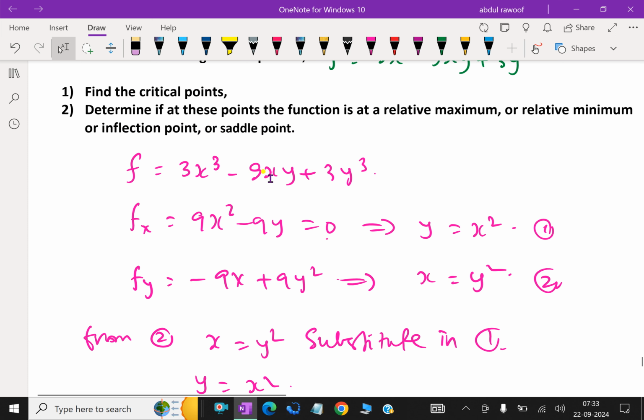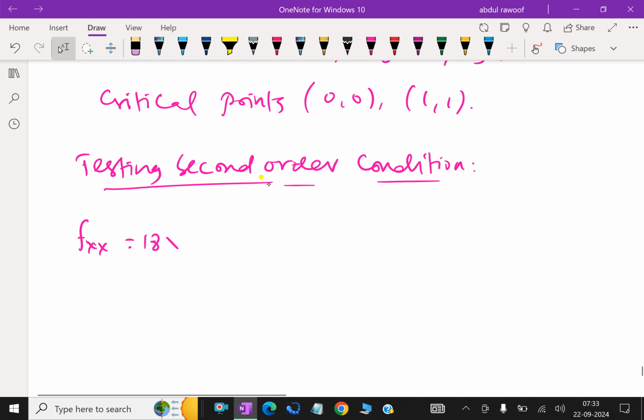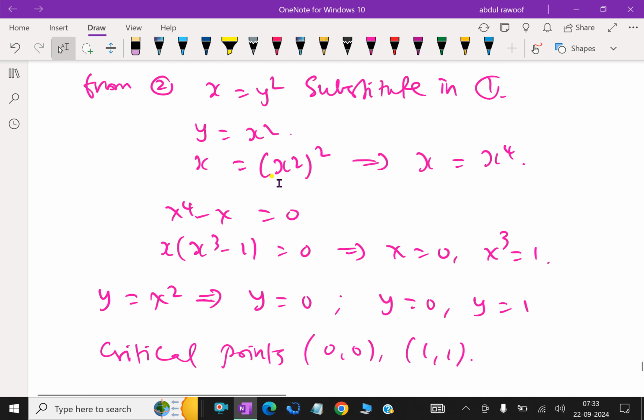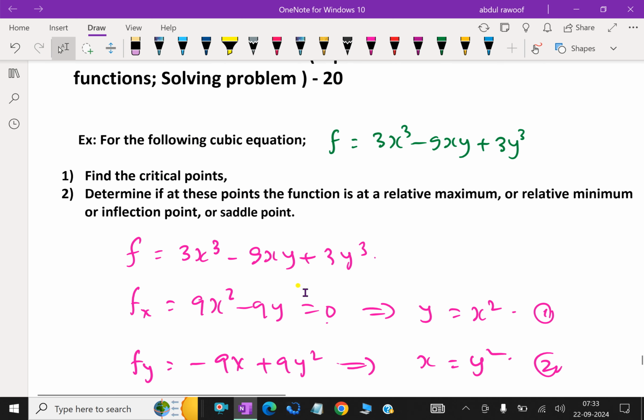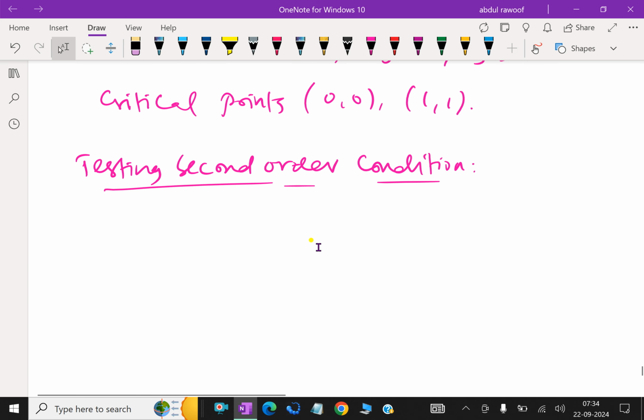The derivative is 18x, so fxx is 18x. And fyy, look here, fy is 9y squared minus 9x, so the derivative is 18y. These are the two values.